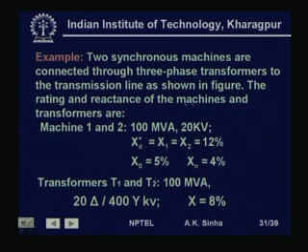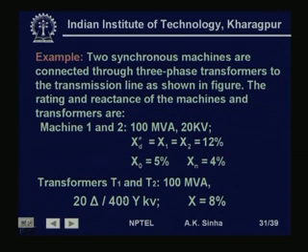The ratings and the reactances of the machines and transformers are: machines 1 and 2, 100 MVA, 20 kV. The X_d double dash, which is the same as X1, the positive sequence reactance, which is the same as the negative sequence reactance, is equal to 12% or 0.12 per unit. X0 is 5% and Xn, the grounding reactance, is 4% for this generator.